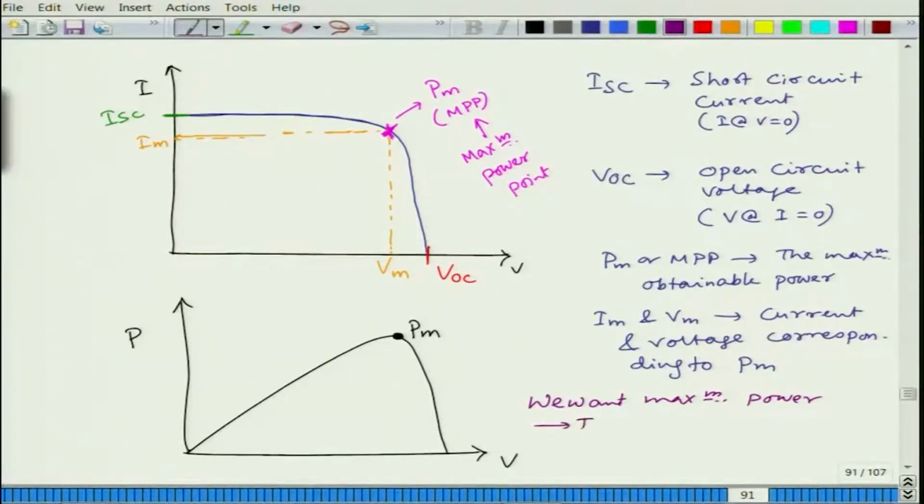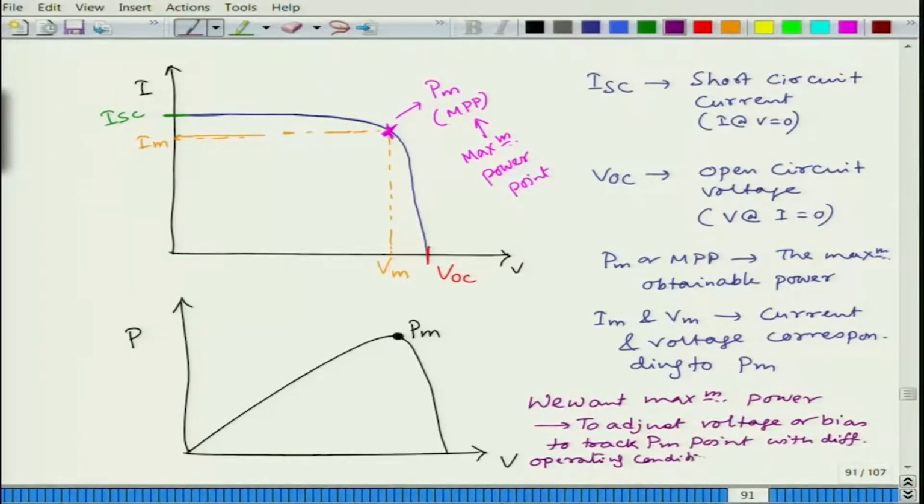So, that is, to adjust voltage or bias to track the PM point with different operating conditions is called maximum power point tracking, okay, or MPPT.